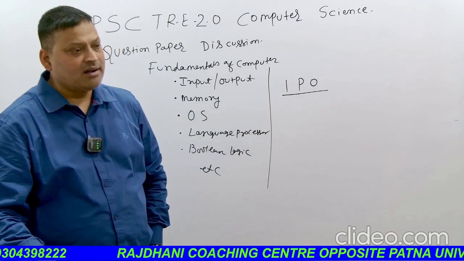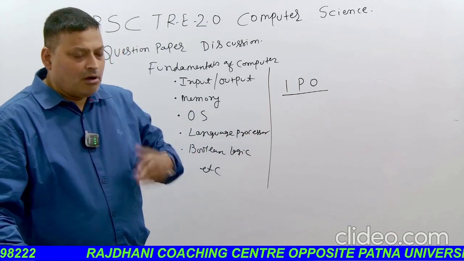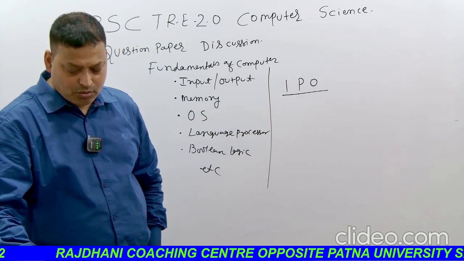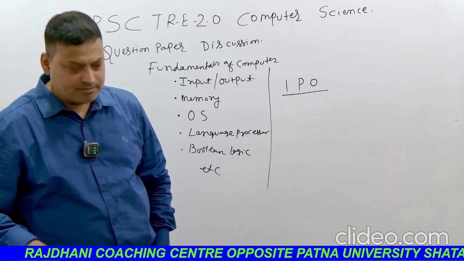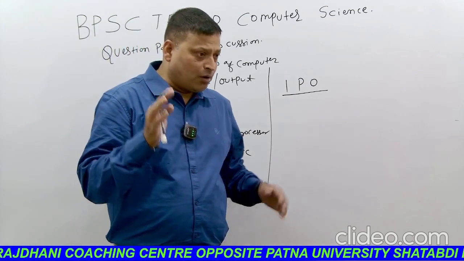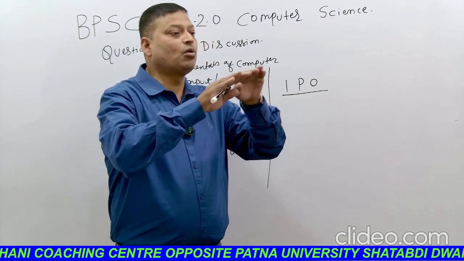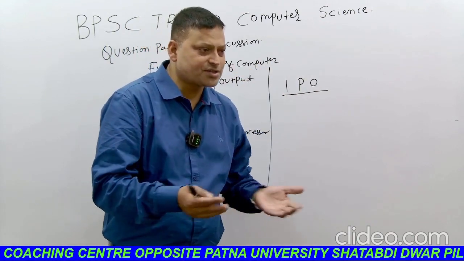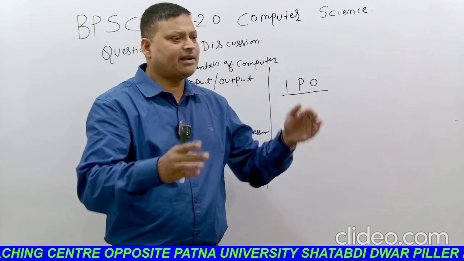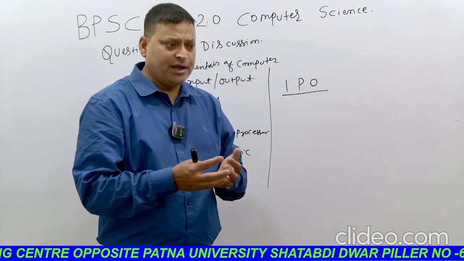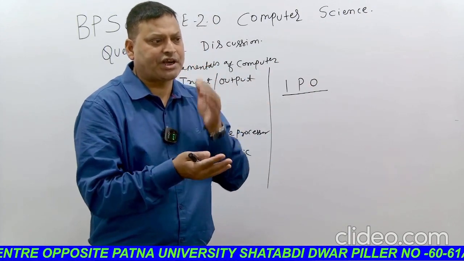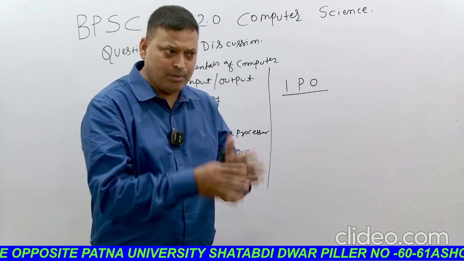In this regard, the next question: CPU on a single chip is called. Nowadays people consider the whole cabinet as a CPU, but this is wrong. The whole cabinet is a cover in which the things are inbuilt.